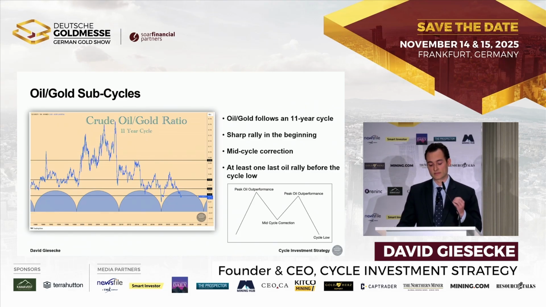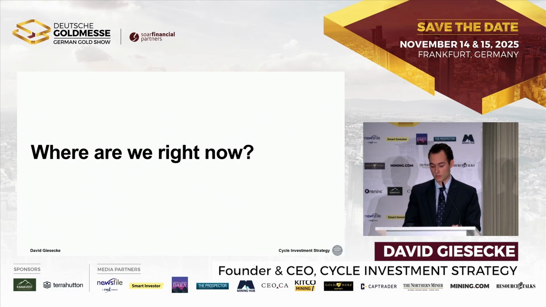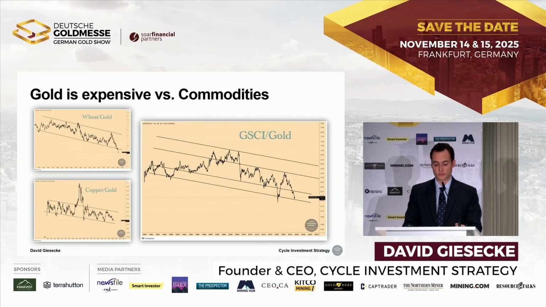We're now at this mid-cycle correction point, and we should expect at least one other outperformance leg up for oil and other commodities before we are heading into another low for oil versus gold. So this is where we are right now. We are at the point of this mid-cycle correction where gold has once again outperformed and other commodities are lagging. And this chart shows the underperformance of several commodities.